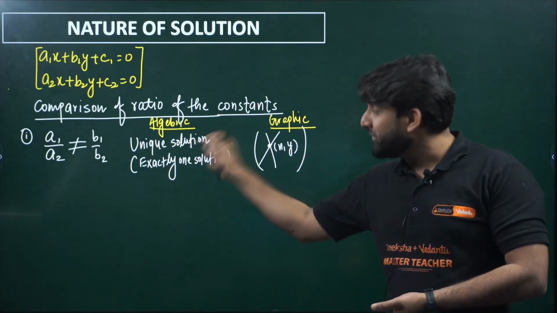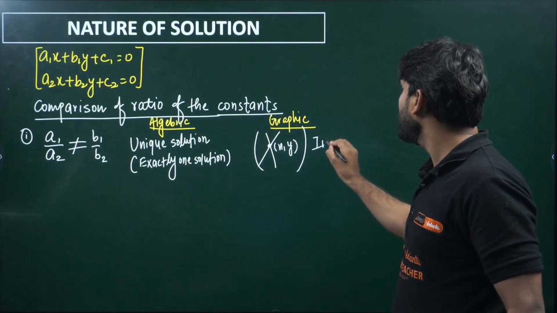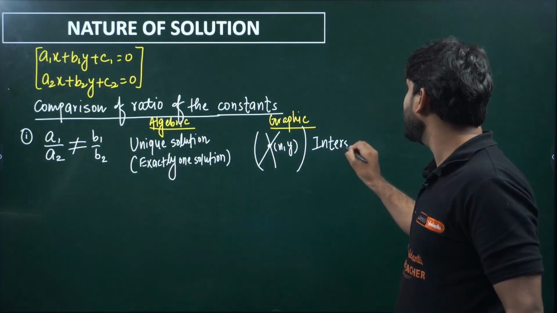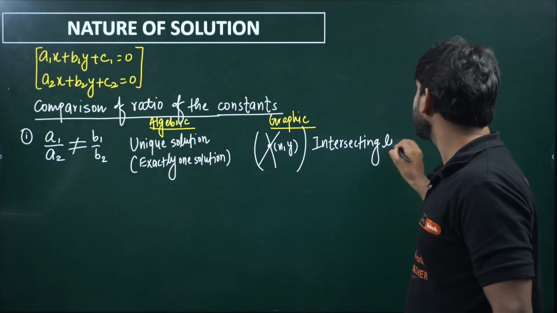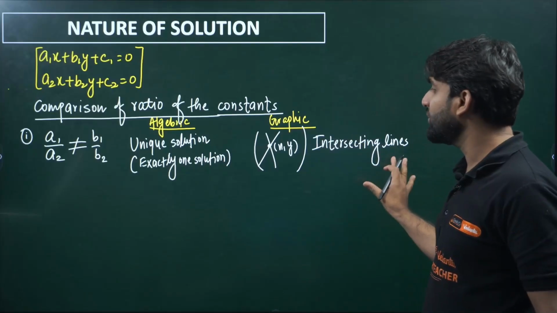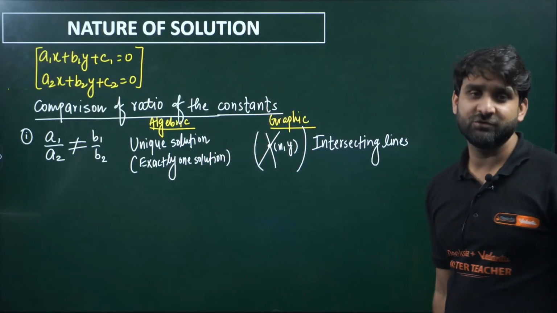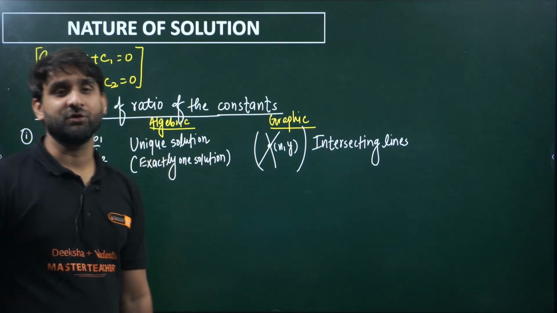So when the unique solution condition is there, on the graph both the linear equations will be intersecting lines. In intersection we get exactly one solution.